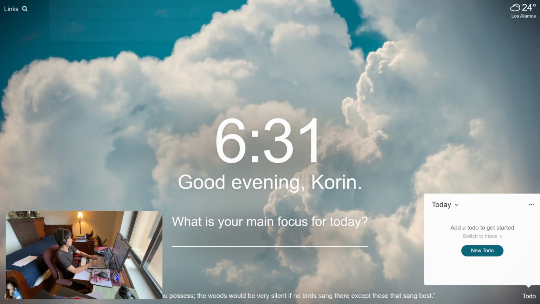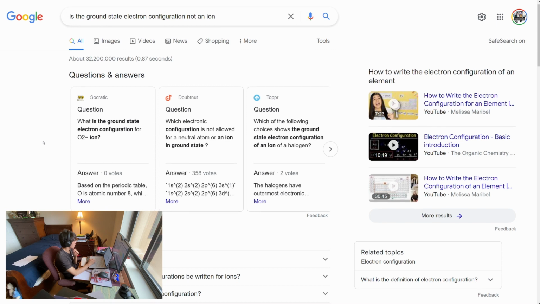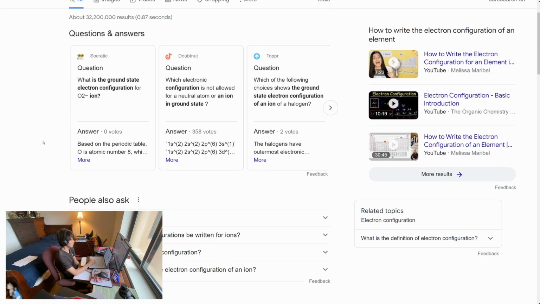Not an ion. Wait, so an ion can be in ground state as well.